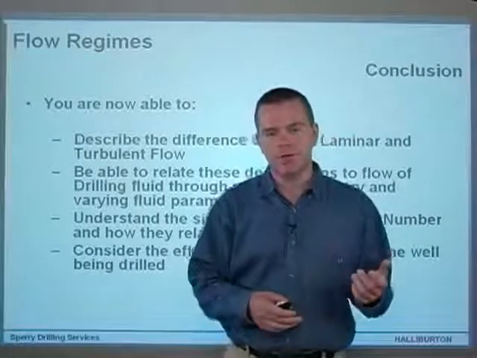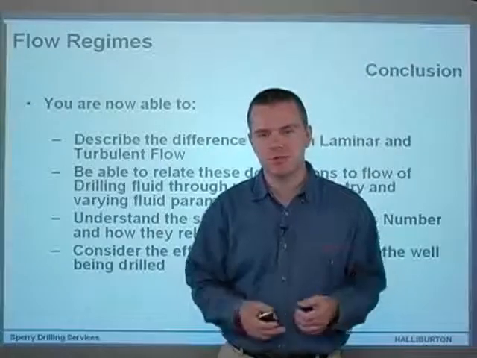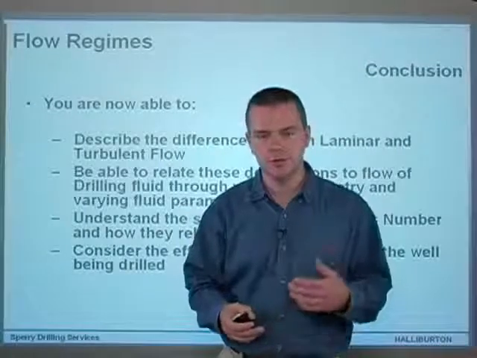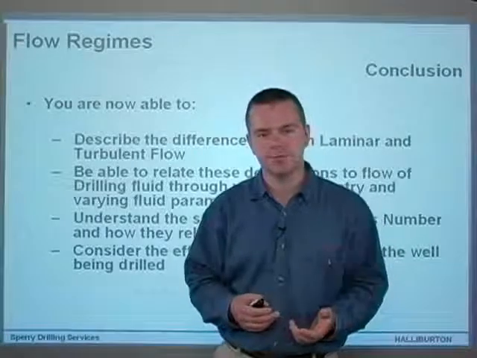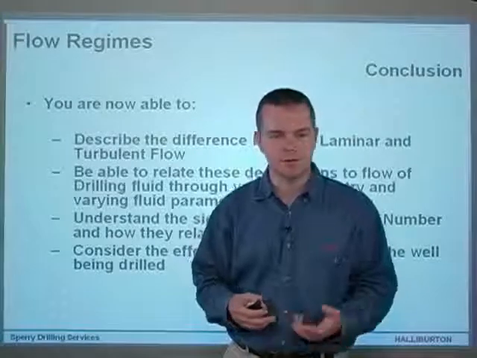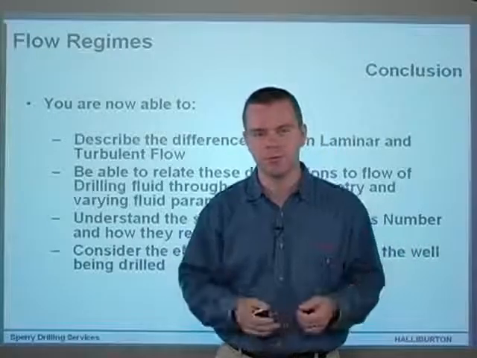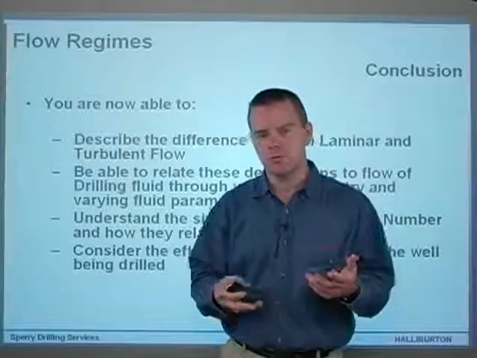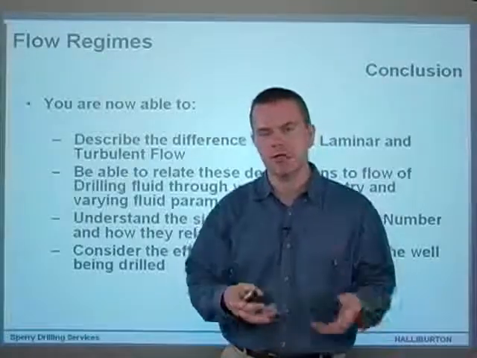You should understand the significance of the Reynolds number and how Reynolds numbers relate to flow regimes, laminar, intermediate, or turbulent. And you should be able to consider the effect of a flow regime on the well being drilled, such as turbulent flow having an ability to erode the well. Laminar flow will be slower in general than turbulent flow, therefore it might have the same carrying capacity, things like that.